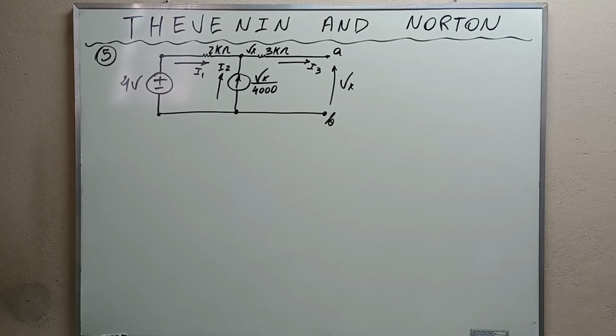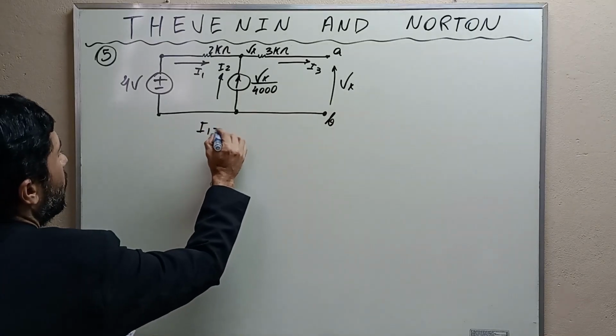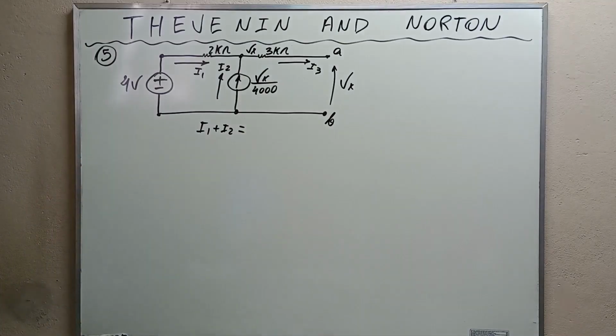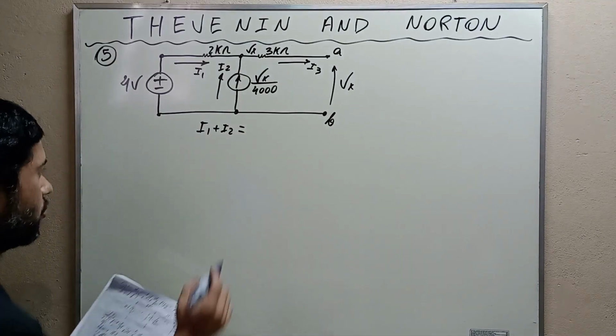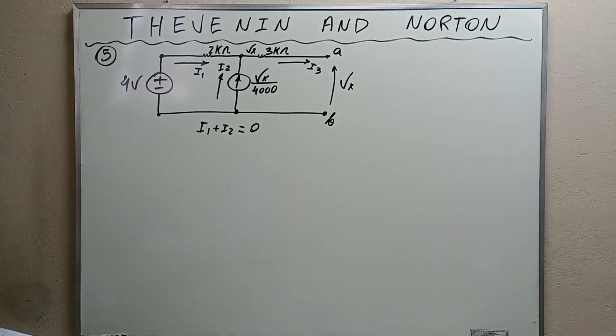And if you remember, the sum of the currents that enter a node has to be equal to the sum of the currents that leave the node. What are the currents entering the node? I1 and I2. I1 plus I2. And what is the current leaving the node? It is I3, but I3 is 0. Okay. How can we write I1 in terms of voltages and resistances?